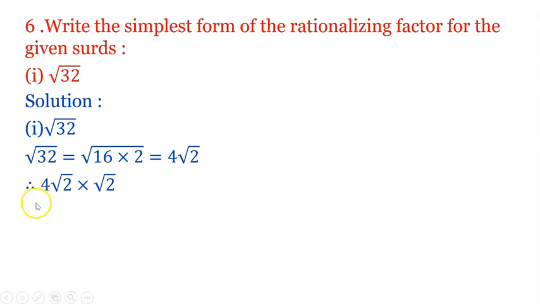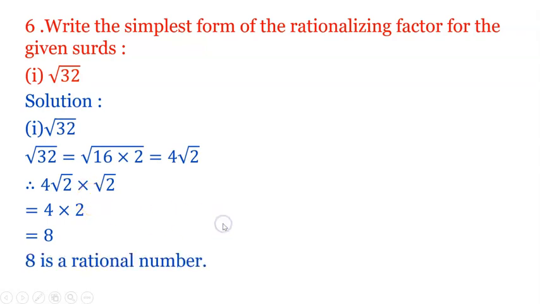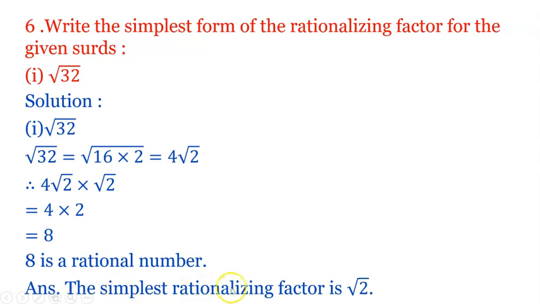See this here, 4 root 2 into root 2, then you will get root 2 into root 2, which is 2, into 4, that is equal to 8. And hence a rationalizing factor of root of 32 is root 2. Therefore, the simplest rationalizing factor is root 2.